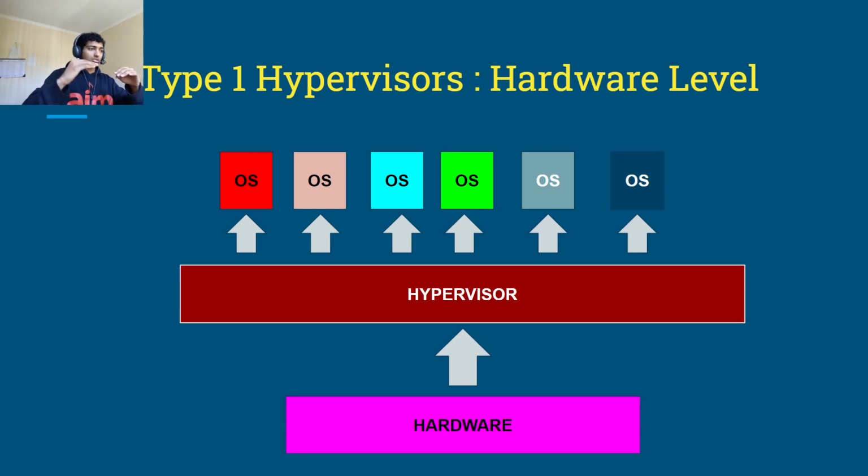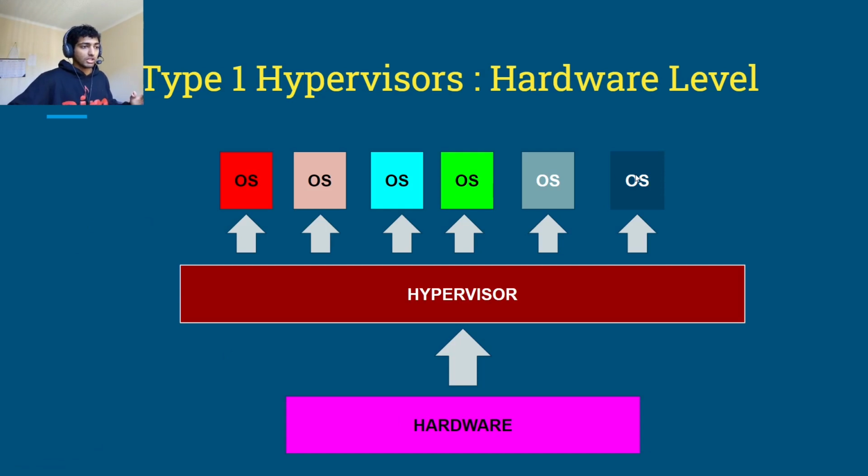We have our hardware just as before, then a hypervisor, and then the operating system. That is the whole concept of type 1 hypervisors. Technically speaking, you're dividing your hardware into specific containment zones, and each operating system is allotted a certain containment zone or parameters that they will then use.